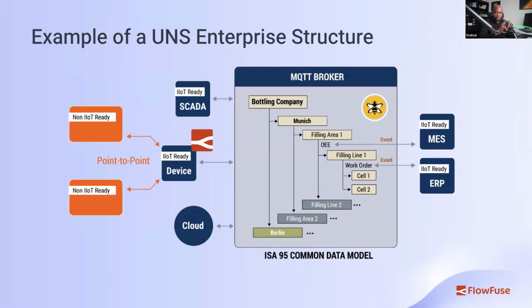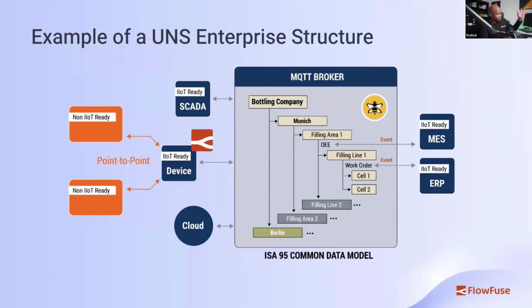So you've got this semantic structure that makes it easy for all these different systems that don't know anything about each other, don't know each other's IP addresses. Doesn't matter whether it's OT or IT, but they're able to find all of this information in one central location. So again, as you can see there, we've got FlowFuse or Node-RED playing that central part of being able to convert from your legacy protocols into MQTT and then be able to subscribe from that information and republish it back.